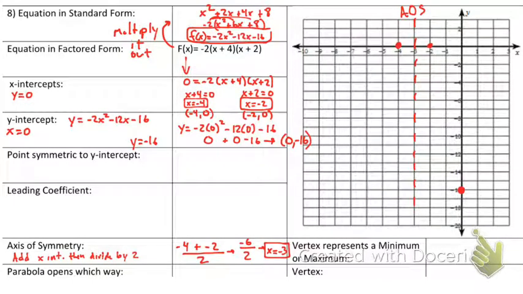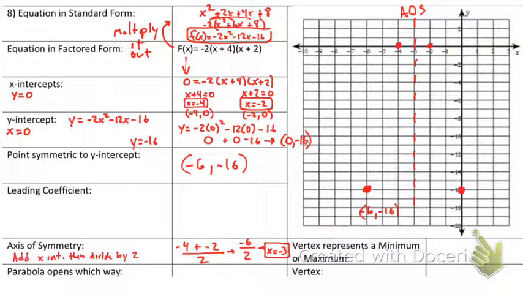So I'll do that again. 1, 2, 3. And we're going to put a dot right there. Okay, and that point is going to be -6, comma, -16. Let's put that point down here.